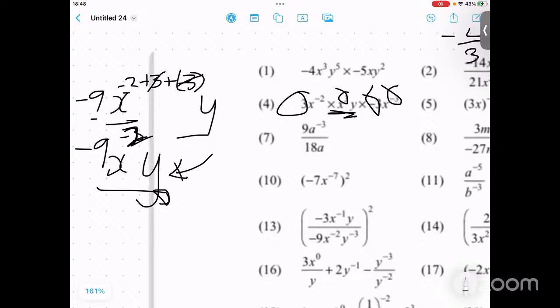Let's say you choose 2 and 3 for x and y respectively. If you get the same answer, that means your answer is correct. But if you don't, that means you probably did something wrong somewhere. Are we all good? Are we clear?